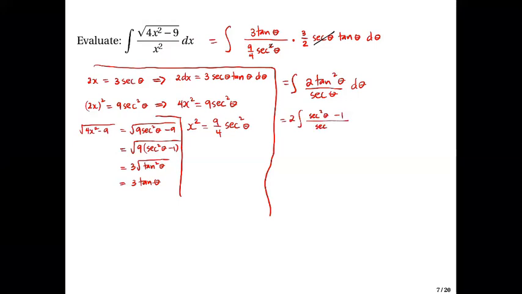Then here you have secant theta. And of course, you have the d theta. And if we simplify, this is just 2 times the integral of secant theta minus 1 over secant theta, that's just cosine theta, d theta here.